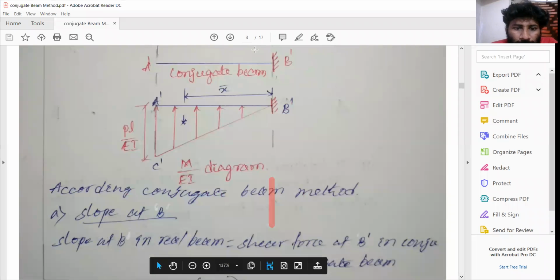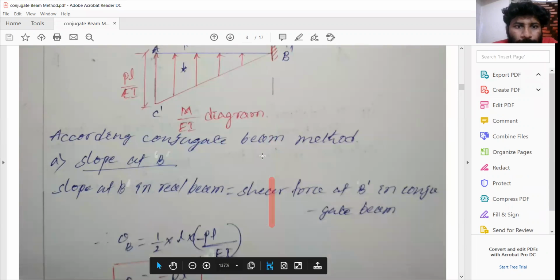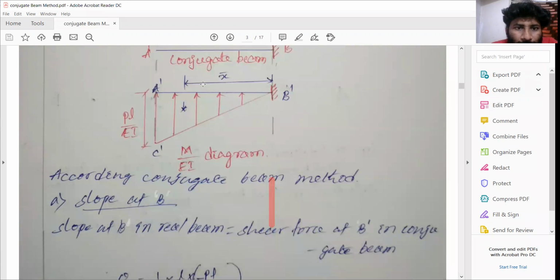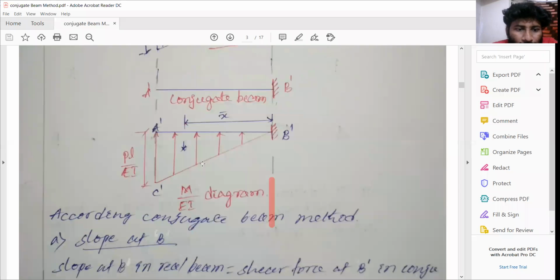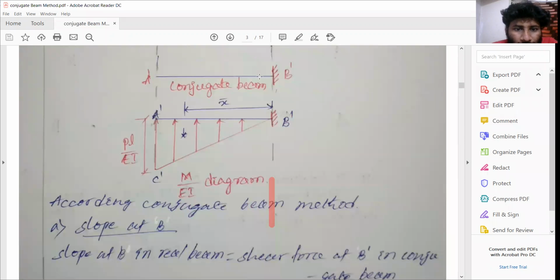So shear force at that section is whatever the load which is acting left of the section. Now you can see that all the load is acting in the upward direction and also it's negative because of the negative bending moment diagram. So what is the load which is acting left of the section?